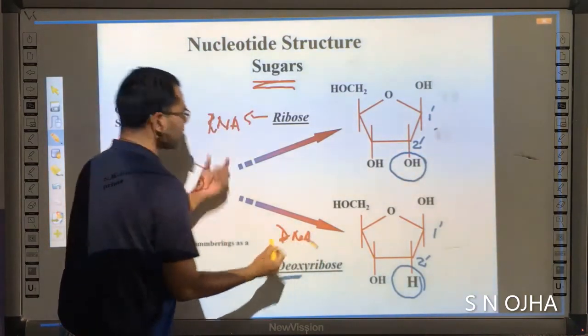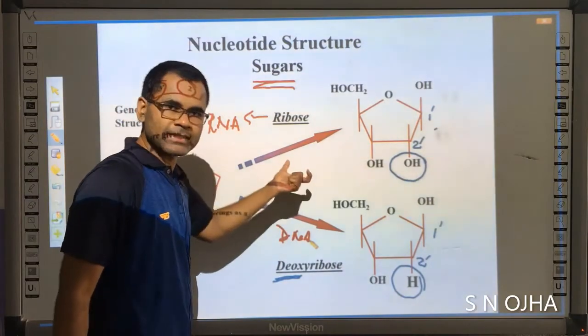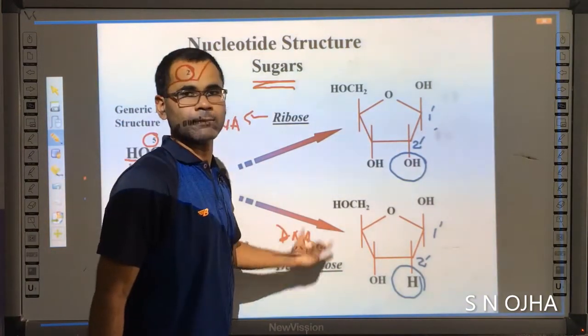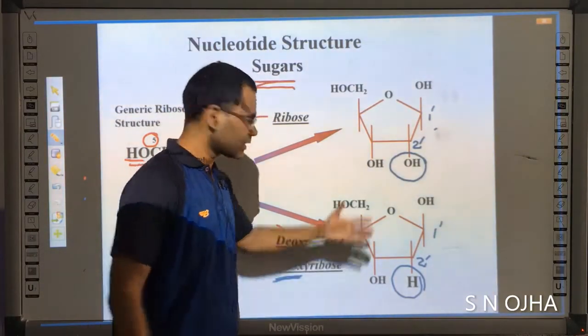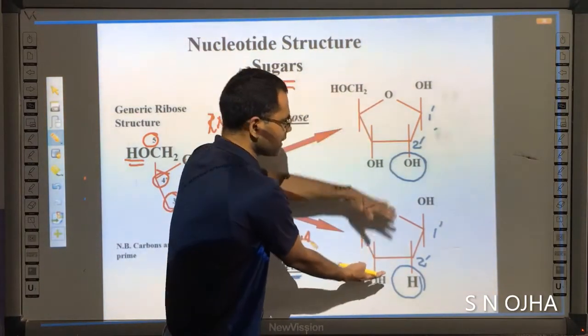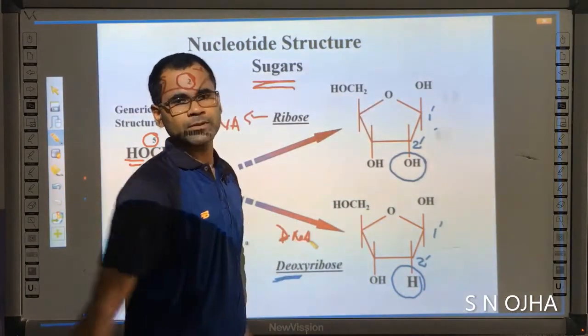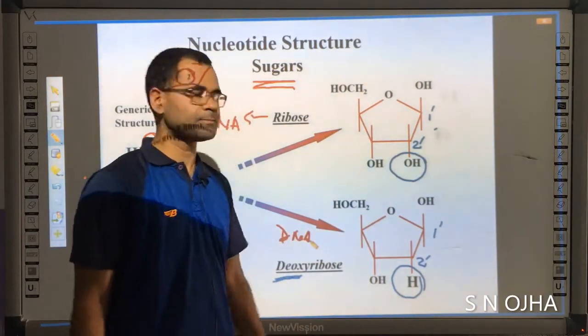That's why RNA is called ribonucleic acid and DNA is called deoxyribonucleic acid. I think I have made the difference between the two sugars in our nucleic acids very clear.